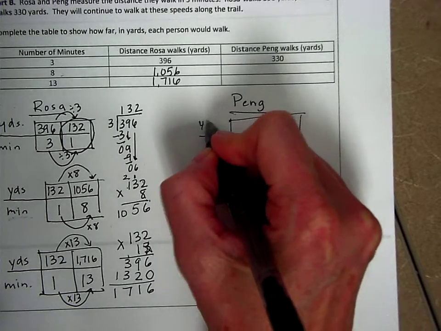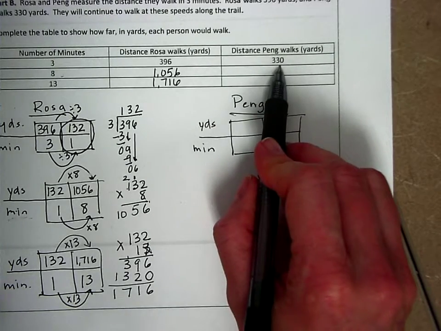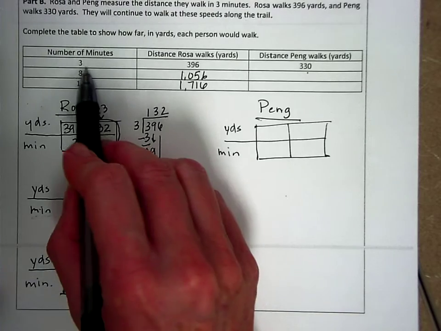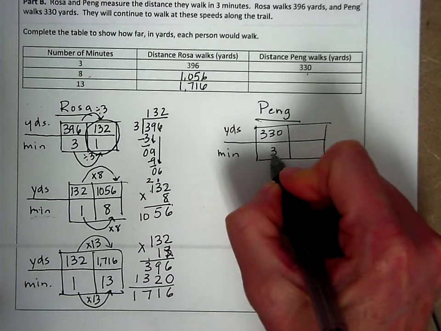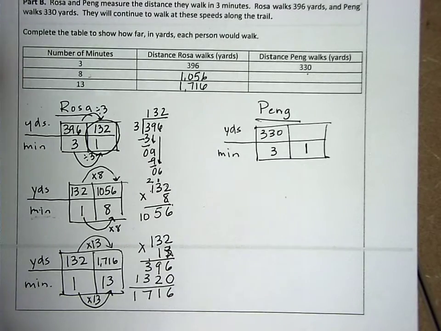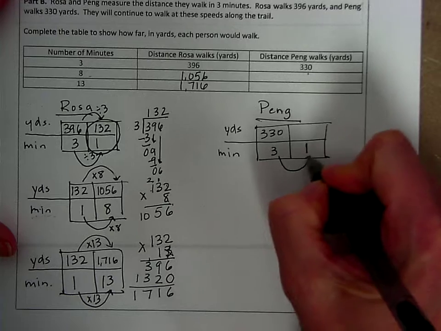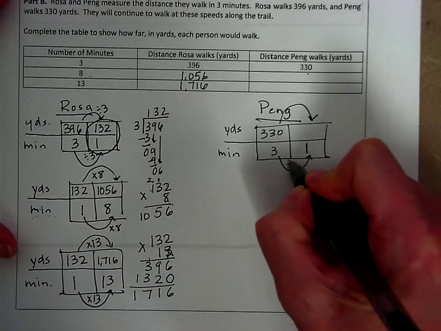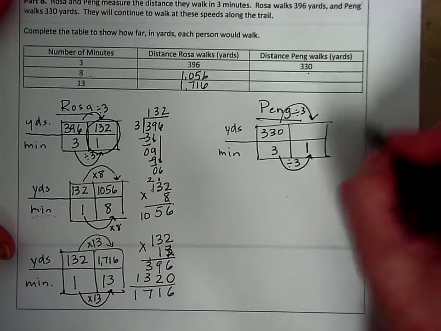So we're still doing yards to minutes. She walked 330 yards in 3 minutes. So 330, 3 minutes. I want to know how far she walked in 1 minute. So I'm going to simplify by dividing by 3.